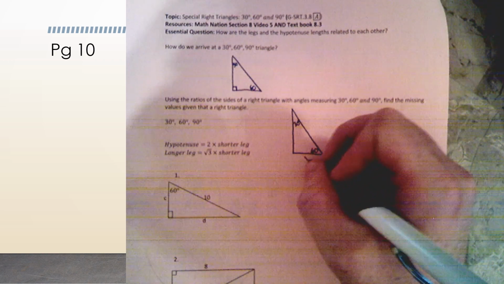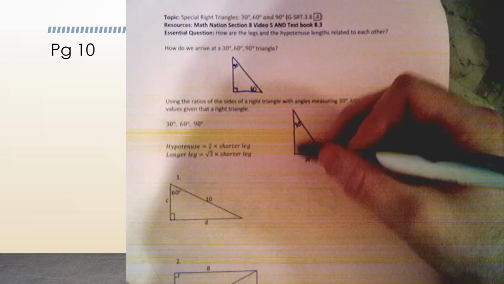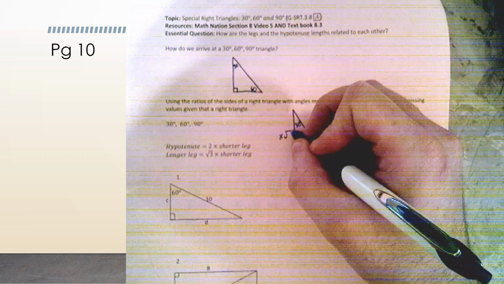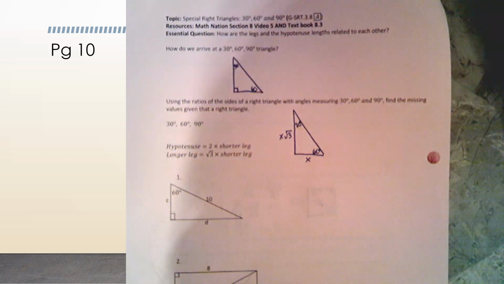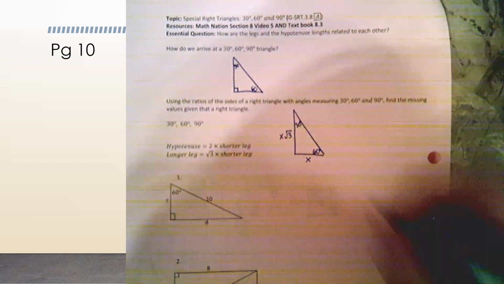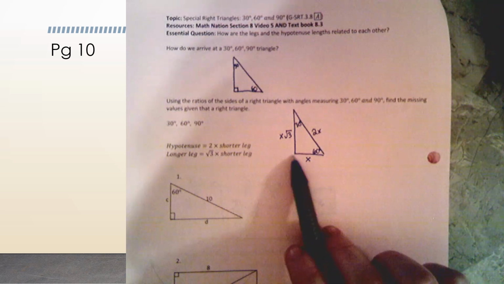Now, the shortest leg is represented by x. The longer leg is represented by x times the square root of 3. And the hypotenuse is represented by 2x. So in these ones, the hypotenuse is always going to be 2 times bigger than the shortest side.